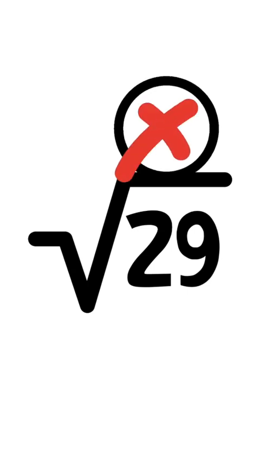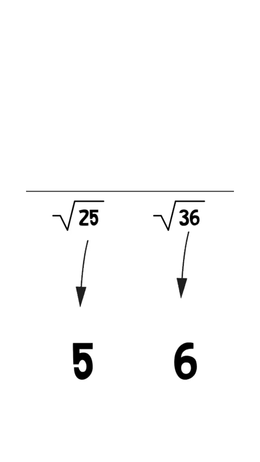Correct. So let's draw a number line here. And since 29 is between the perfect squares of 25 and 36, that means the square root of 29 is between the square root of 25 and 36, like this. Okay.